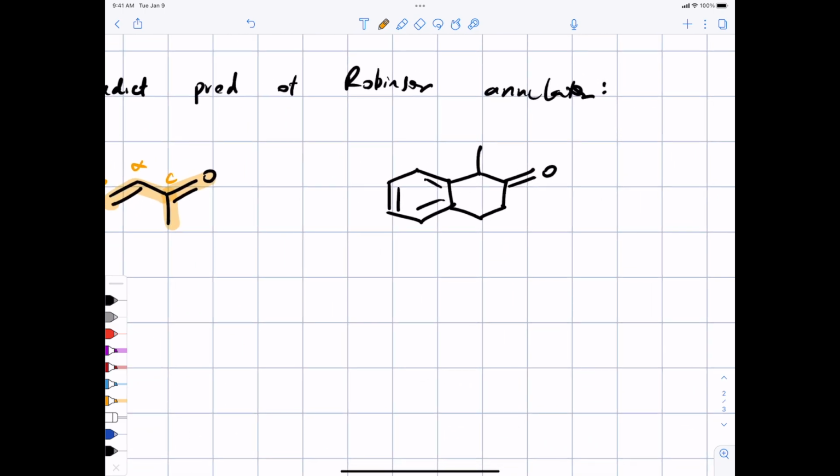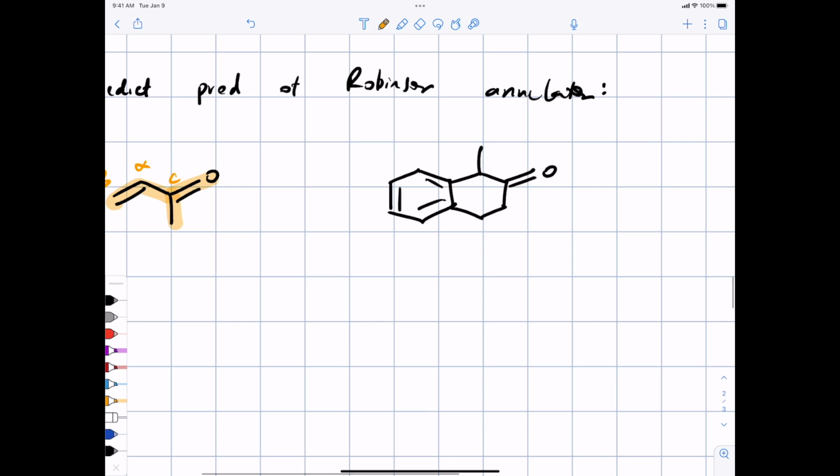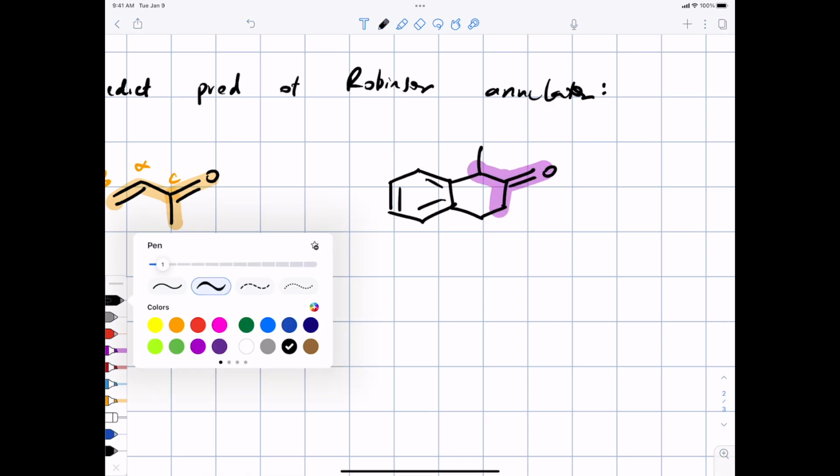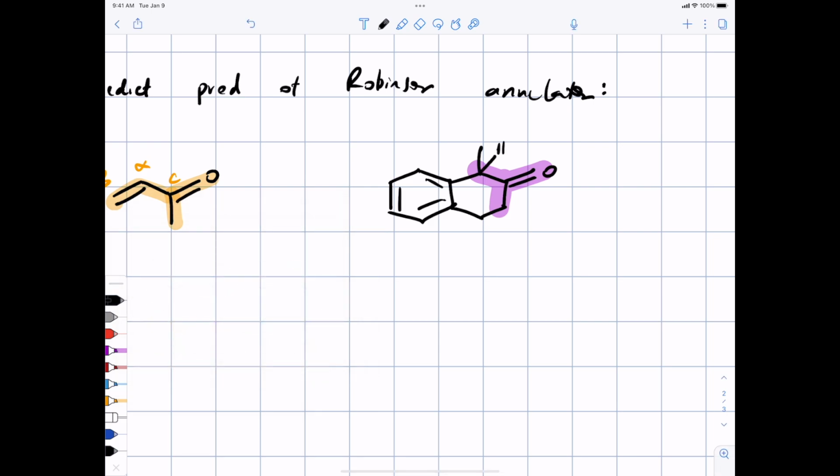So we need to look at this compound and basically decide of the two alpha carbons, is there a difference in which one is more acidic? Alpha 1, alpha 2? What do you think? Alpha 1, why?